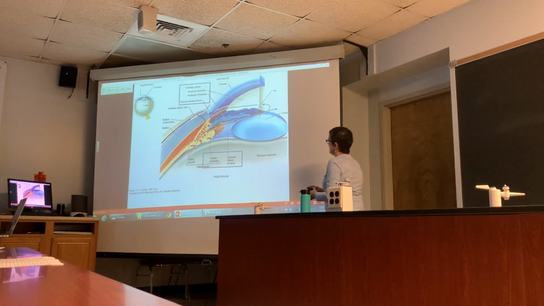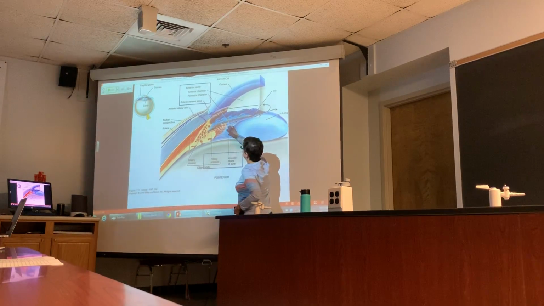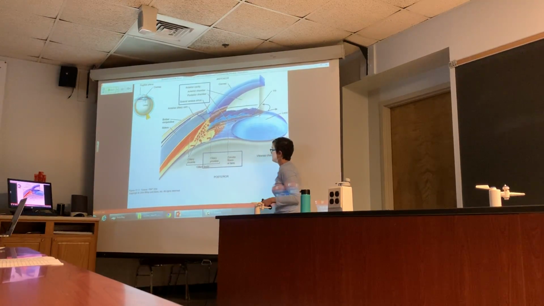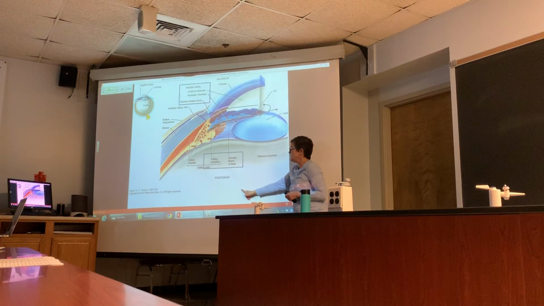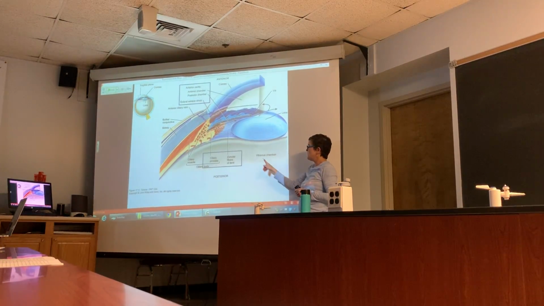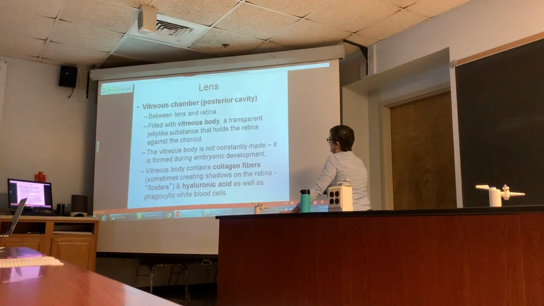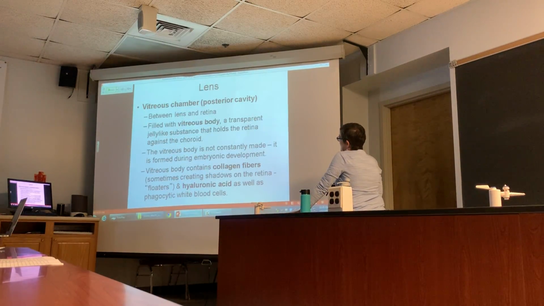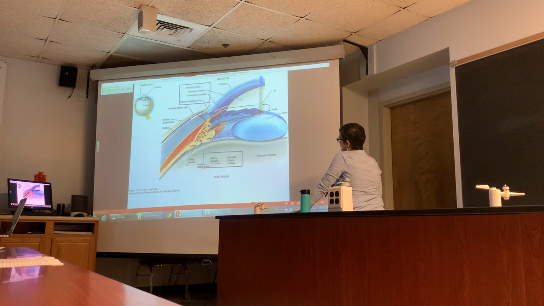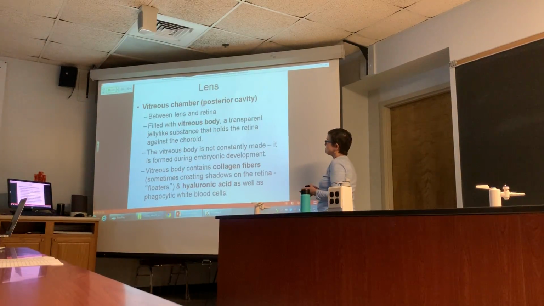So again, this is where you find the aqueous humor, that fluid that creates that internal pressure. But there's also a posterior chamber called the vitreous chamber. It's called that because it contains a gelatinous vitreous humor, and we'll look at that as well. It's also called the vitreous body. This is more jelly-like. It's transparent. It also helps to hold the retina against the choroid.